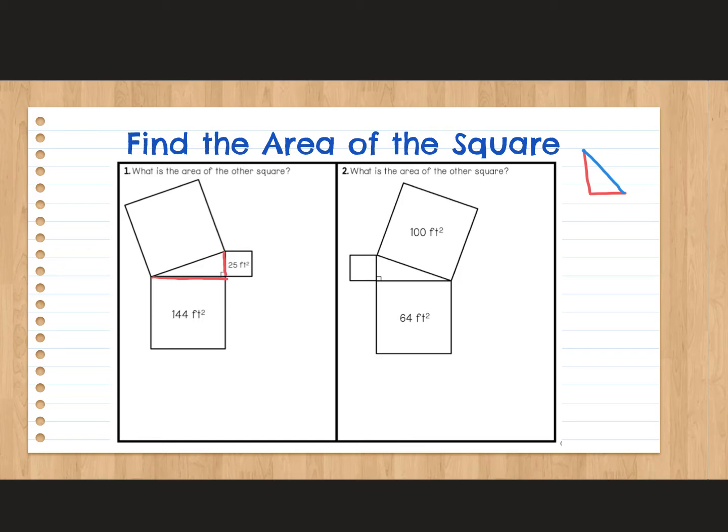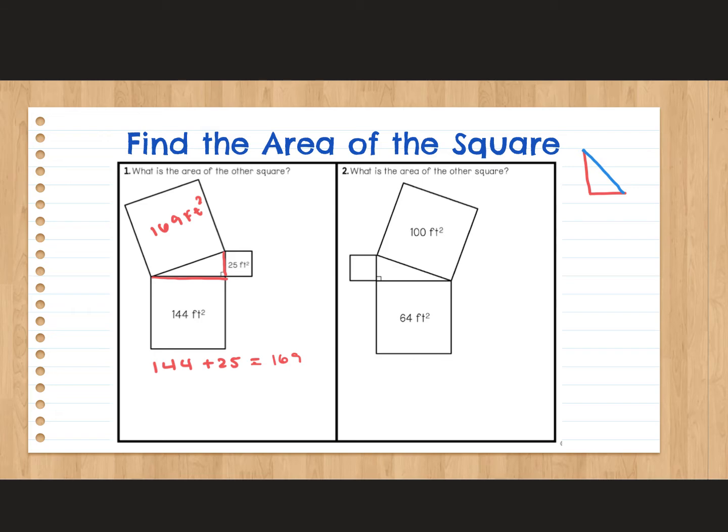So since we're talking about squares here, we know that if we add 144 plus 25, we get 169. So the area of this square is 169 feet squared.